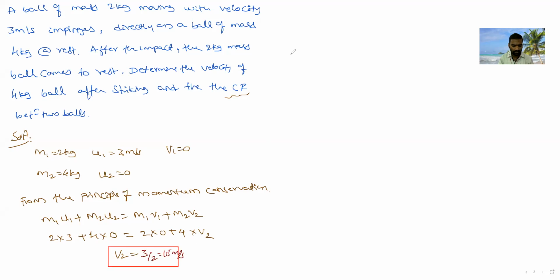Okay, this is correct. Then how do we determine the coefficient of restitution? From the definition of CR, E is equal to V2 minus V1 divided by U1 minus U2. V2 you have determined as 1.5. V1 is 0. U1 is 3, minus U2, which is 0. So E is 0.5.